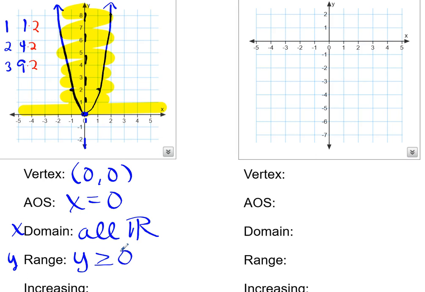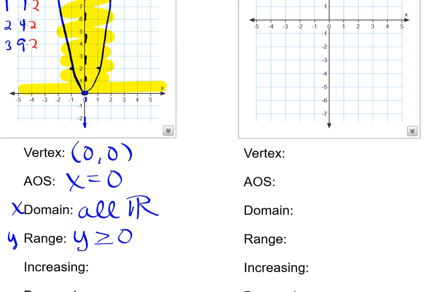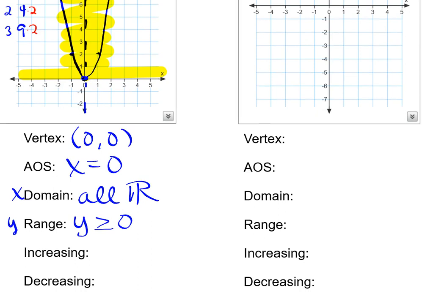Then we want to talk about where our graph is increasing and where it is decreasing. So remember that you read graphs from left to right. If we start on the left-hand side of this graph, we notice that as we move across, we are moving down until we get to the vertex. So for that part, it is decreasing.